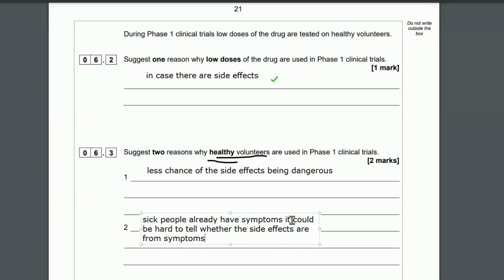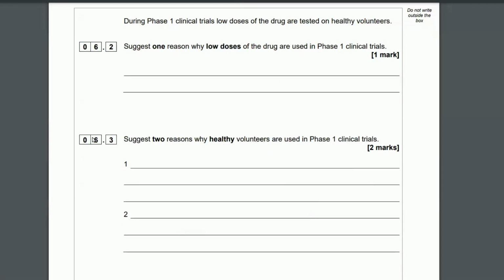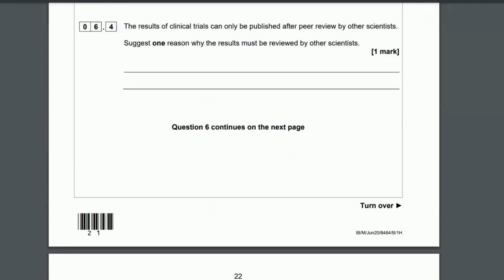Whereas if you take a sick person and you test the drug on them, they might start complaining, oh, I get these headaches. But you normally get headaches anyway because of your illness. And then you go, oh, is it the drug that's causing the headaches or is it because they're already sick? So it's better to test it on healthy people. That way you don't get confused about the side effects, whether it's symptoms of the disease or whether it's because of the drugs.